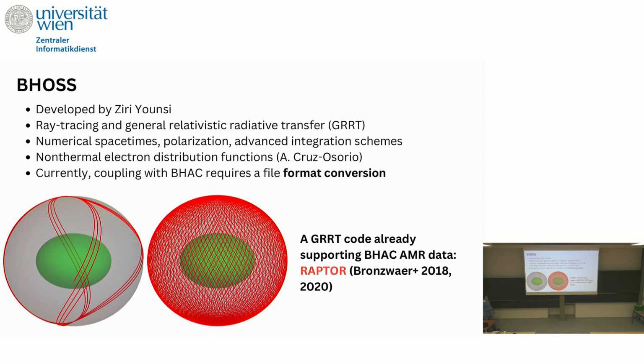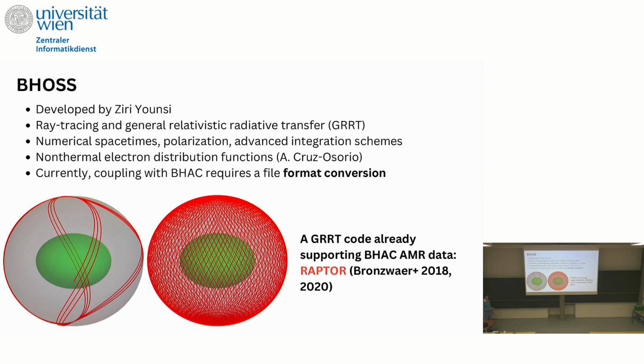But currently, coupling it with BHAC requires file format conversions that sometimes can take very long. Previously this was not so much a problem, but if you expect to make heavy use of AMR, you have to regrid many times. If you regrid to a uniform mesh, as is required now, it is very expensive. There is actually another GRRT code that already supports the AMR data format from BHAC.